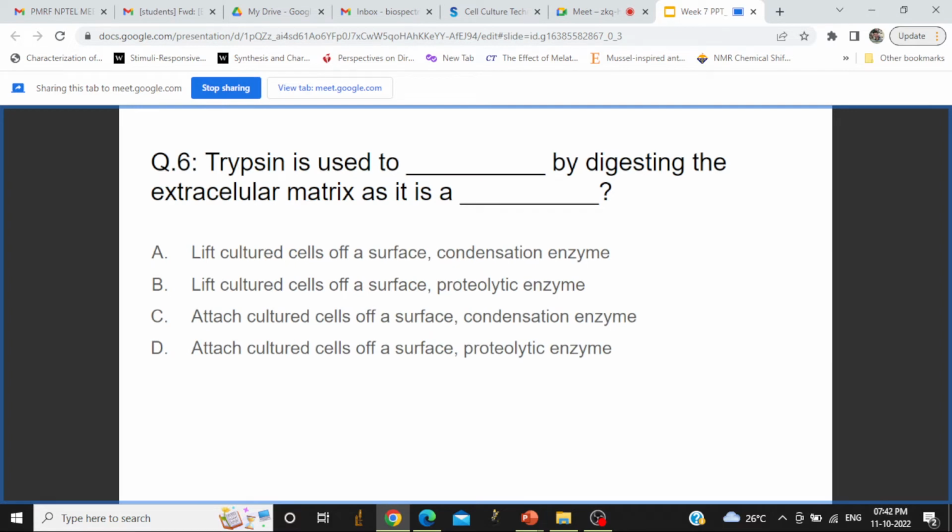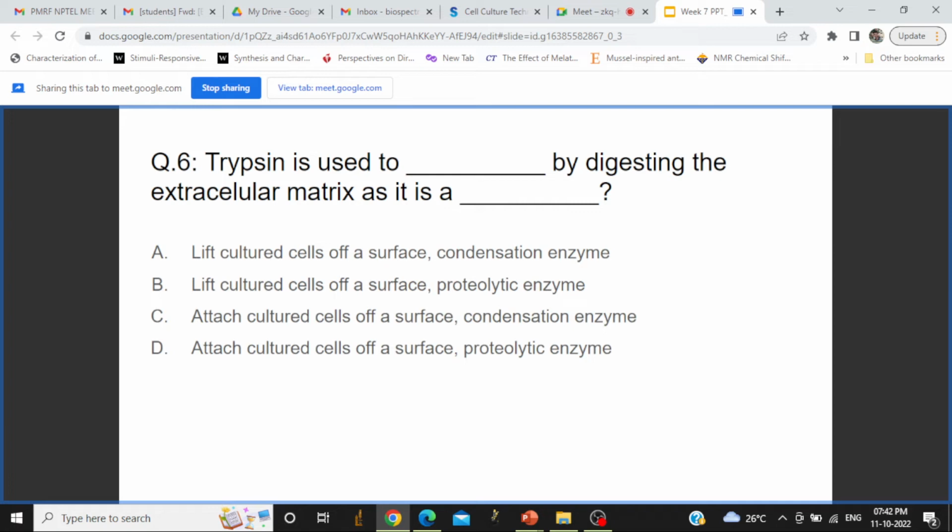So another question is question number 6. Trypsin is used to detach cells by digesting the extracellular matrix. It is a very basic question. This is the 7th week of the cell culture technologies, and most of you must know what trypsin actually does. What is the function of trypsin?